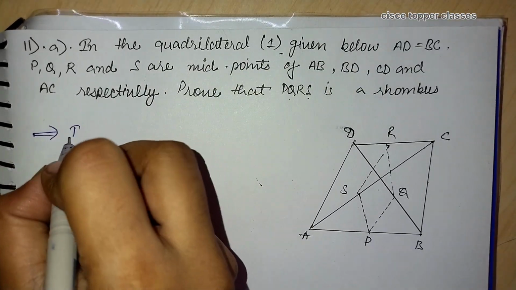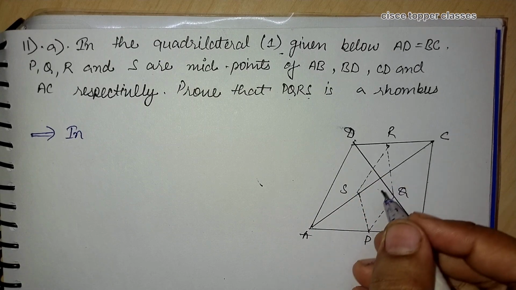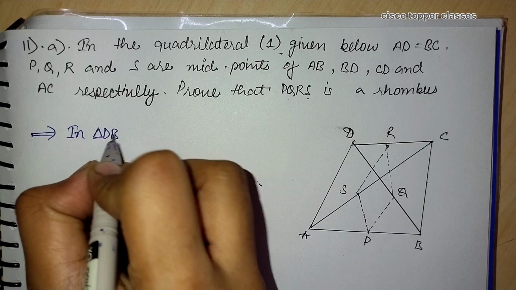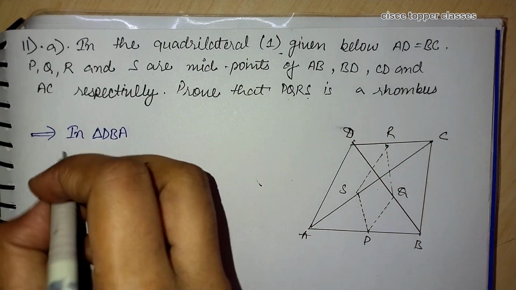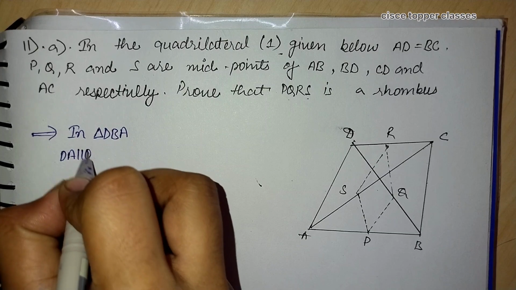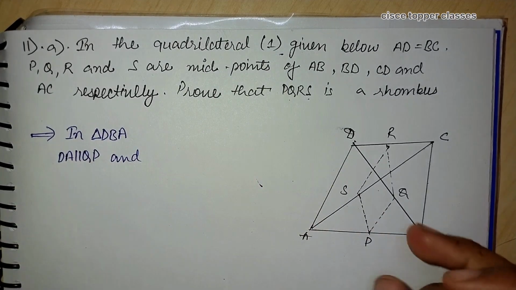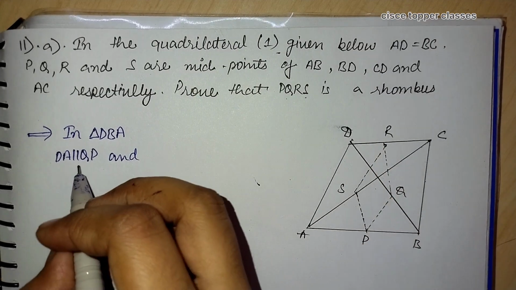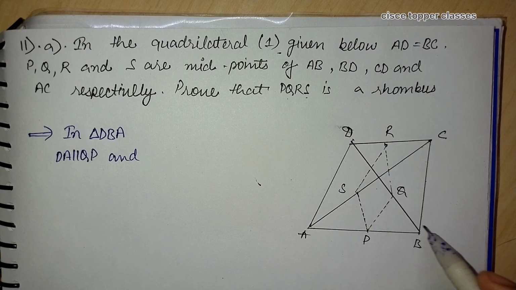Simply, firstly we will take triangle DBA. On taking this, DA is parallel to QP, because Q and P are the midpoints of these two sides.